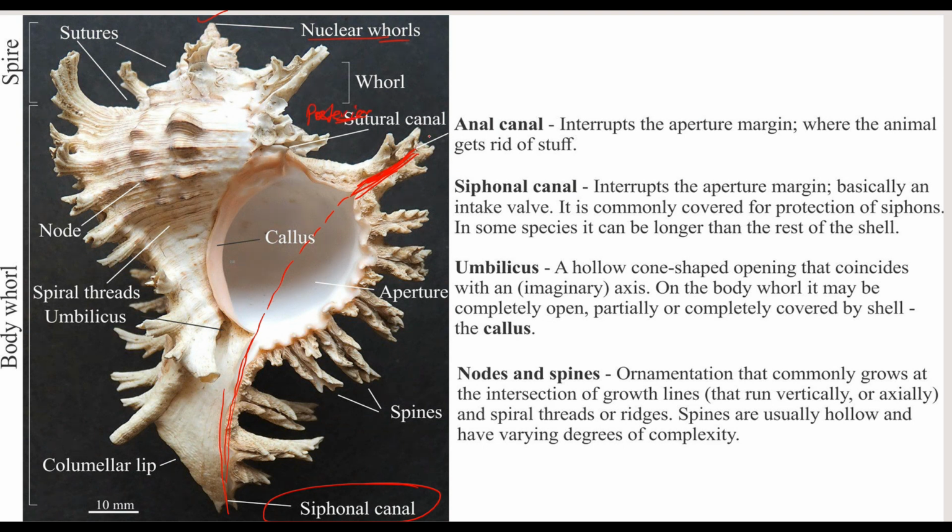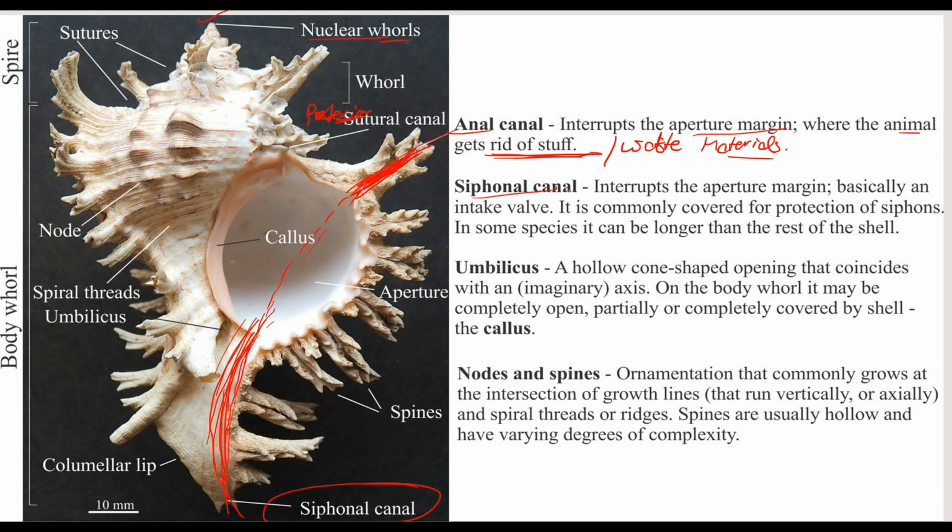So what do we get at the posterior end? The anal canal, which interrupts the aperture margin, where the animal gets rid of the waste material. The waste material is released from this anal canal, and the siphonal canal is for the intake of water. So water moves in from here and is released from there.